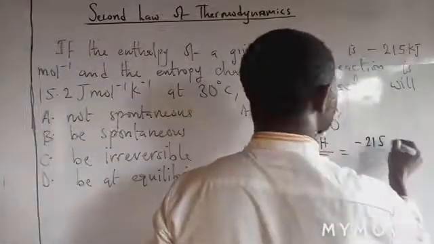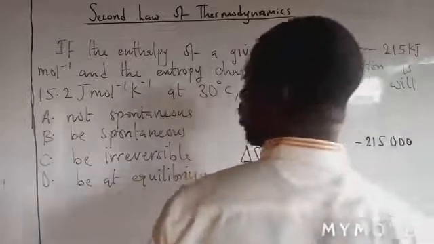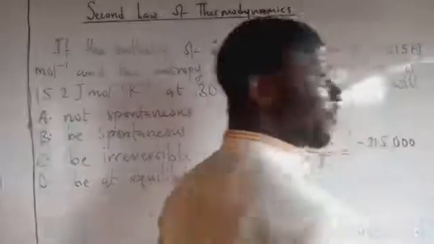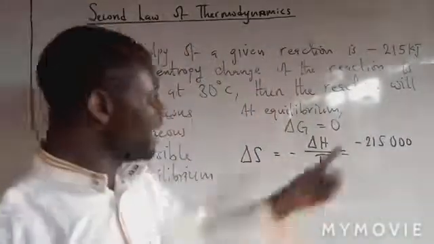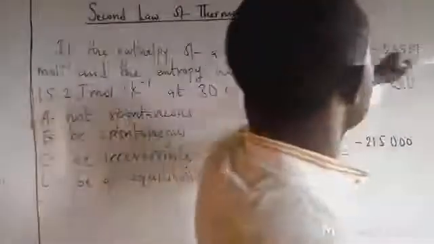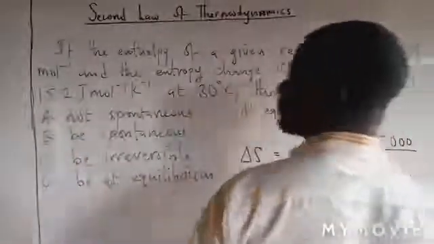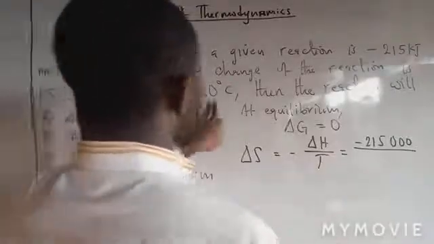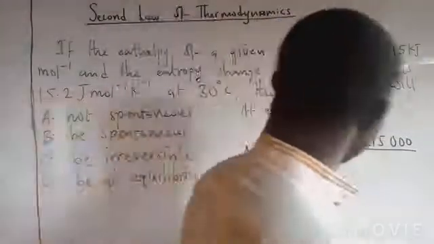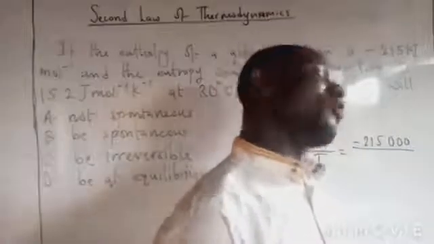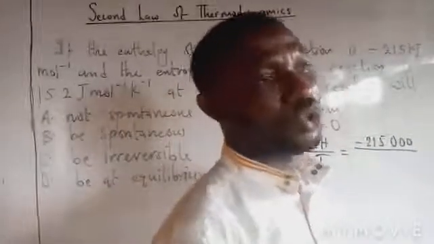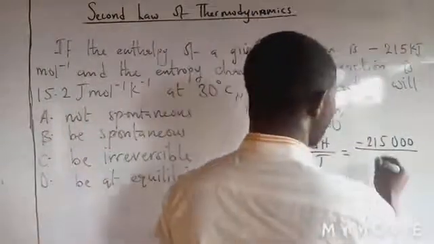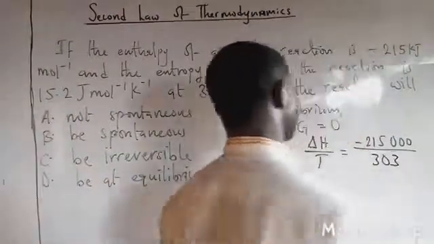Minus 215,000 joule per mole. I have converted kilo, 1000 multiplied by 215, then over temperature. What is temperature here? We are given 30 degrees Celsius, and you know our T here must be in Kelvin. We then convert this to Kelvin. When we do so, we add 30 to 273 and we have 303.